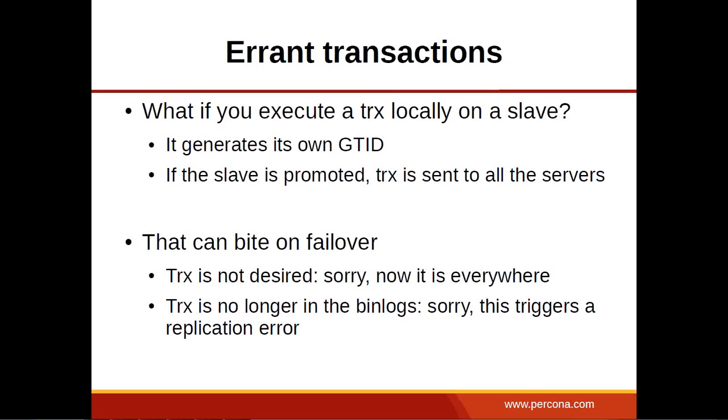And if the slave is promoted, the transaction will be sent to all the servers, thanks to the new replication protocol, which makes sure that when a slave connects to the master, it will always send back all the transactions that are missing. And unfortunately, this can bite on failover.